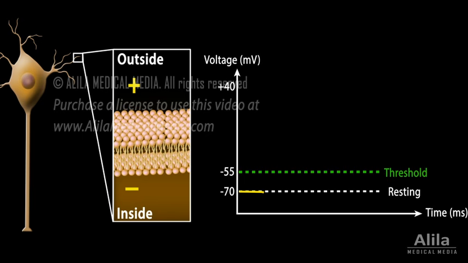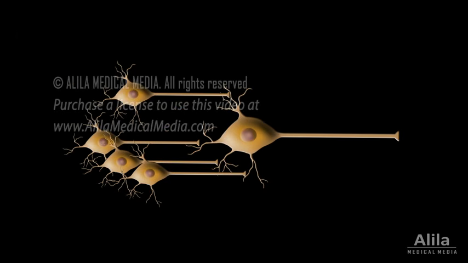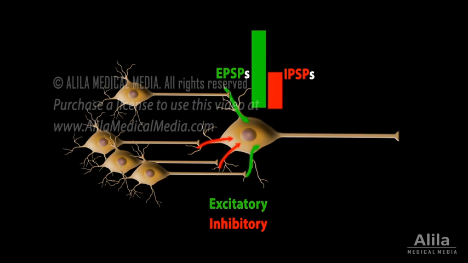On the other hand, inhibitory neurotransmitters change the membrane voltage in the opposite direction, producing inhibitory postsynaptic potential, IPSP, making the cell hyperpolarized and less likely to generate action potentials. A neuron can receive both excitatory and inhibitory inputs simultaneously. It's the balance between EPSPs and IPSPs that decides whether or not a neuron will fire.